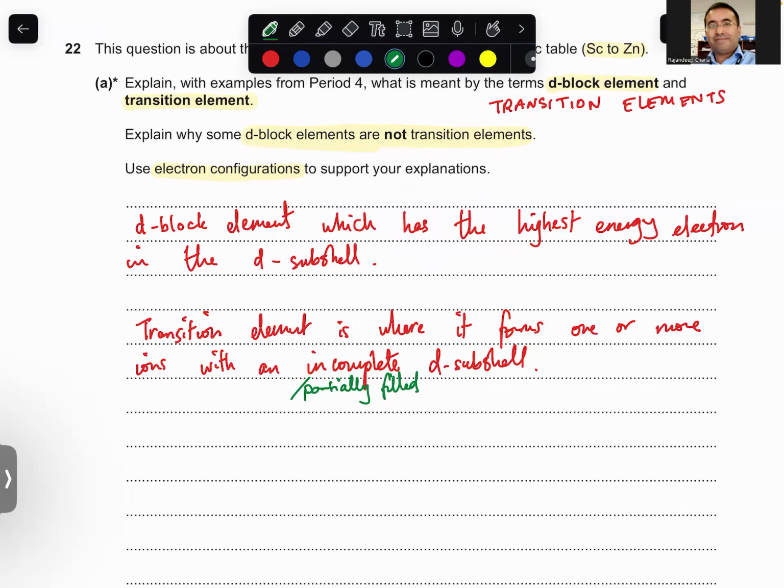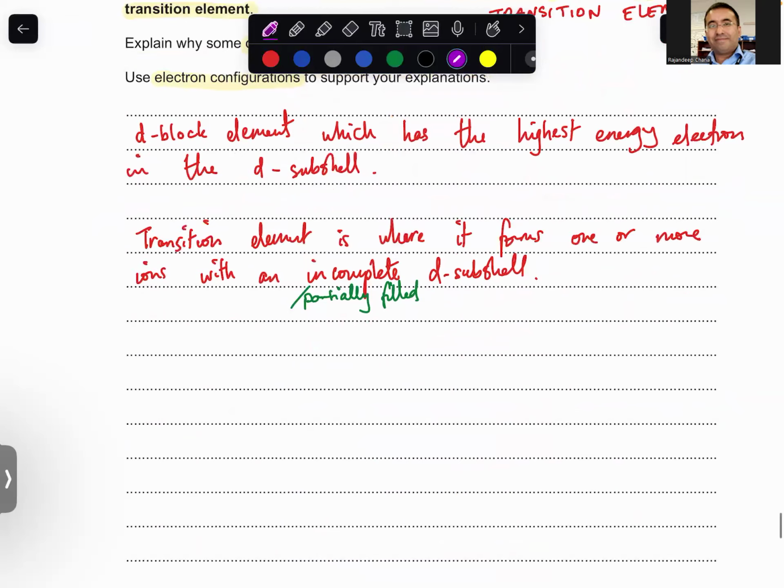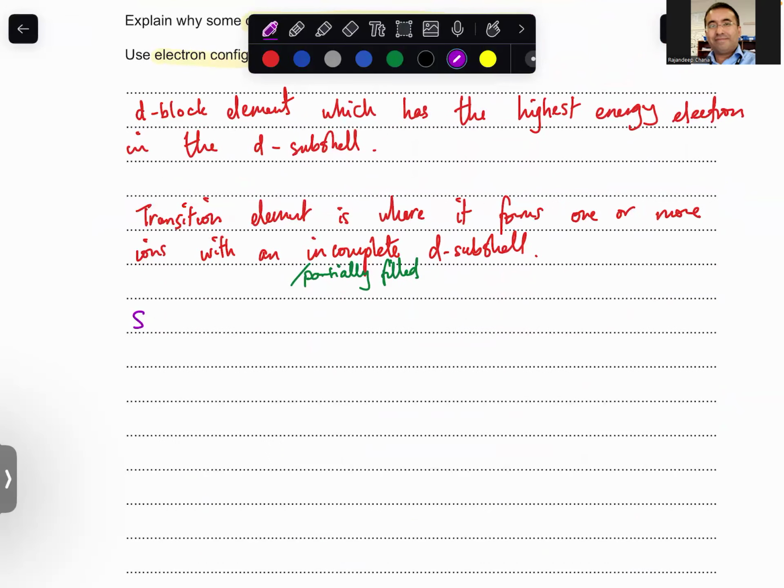It says explain why some D block elements are not transition elements. So examples of the ones that are D block elements but not transition elements: scandium and zinc are not transition elements. Now, why is that?